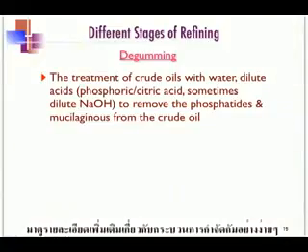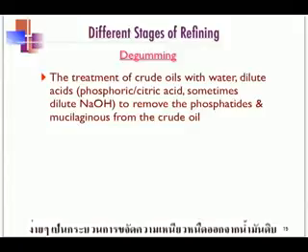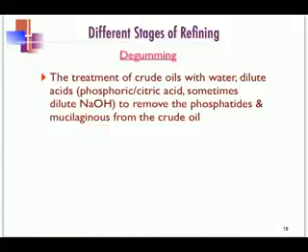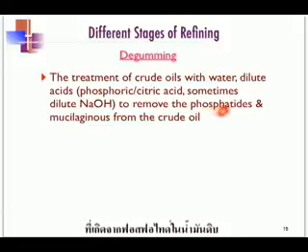Let's look at more detail on the degumming process. Degumming basically is a process to remove the gummy material or mucilaginous material from the crude oil. These are basically phosphatides in the crude oil.